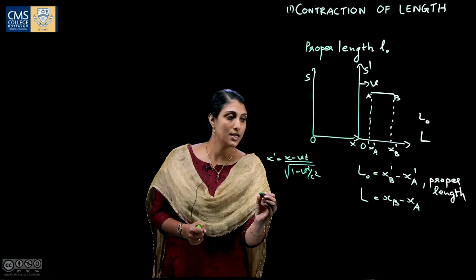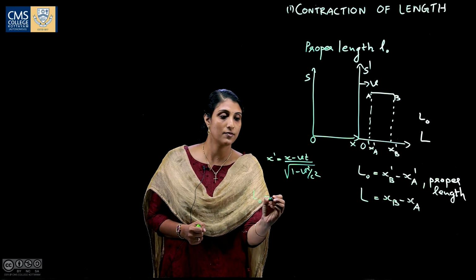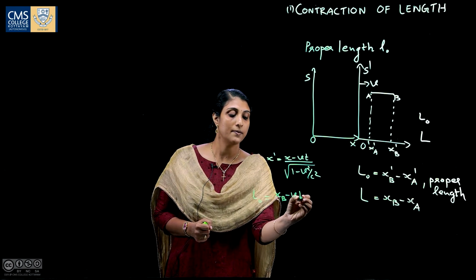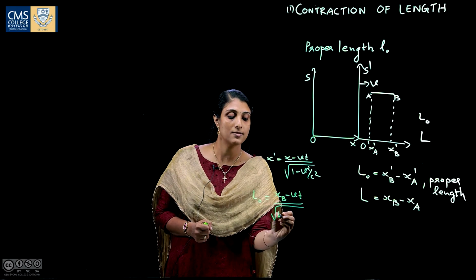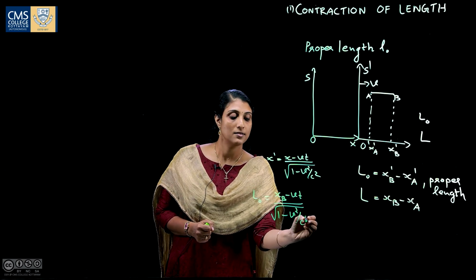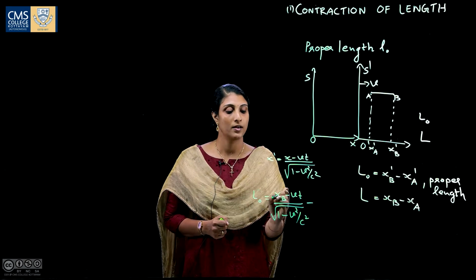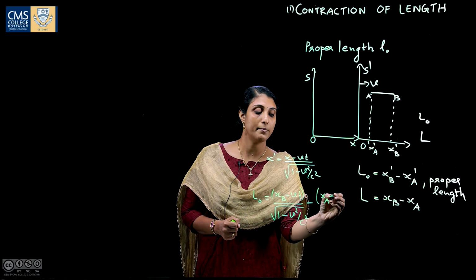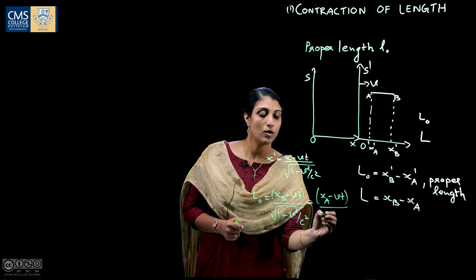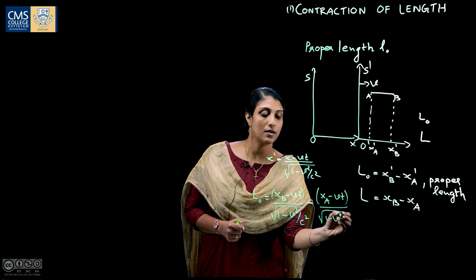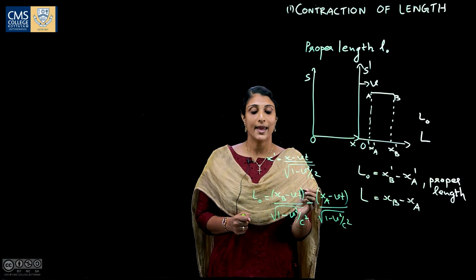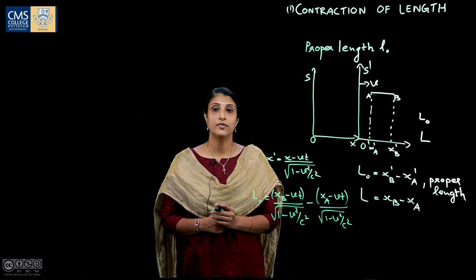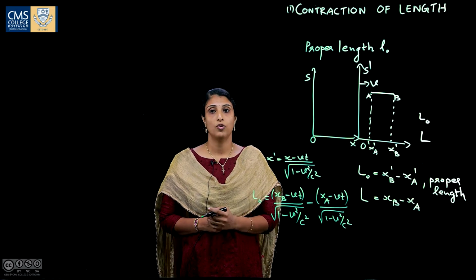So, we have L0 equals xb dash, which is xb minus Vt by root of 1 minus V square by C square, minus xa dash, which is connected to xa by xa minus Vt by root of 1 minus V square by C square, where xa and xb are the position coordinates of the rod with respect to the origin O.